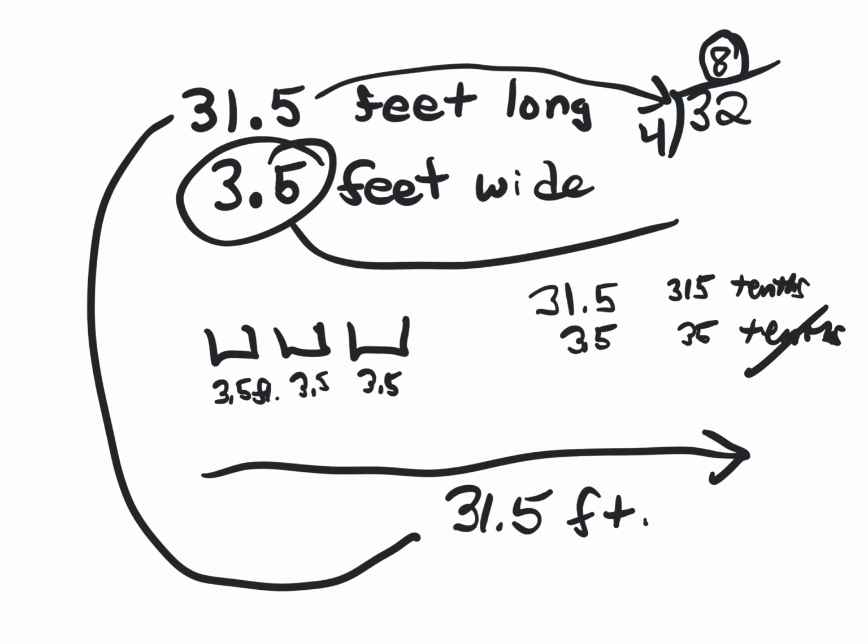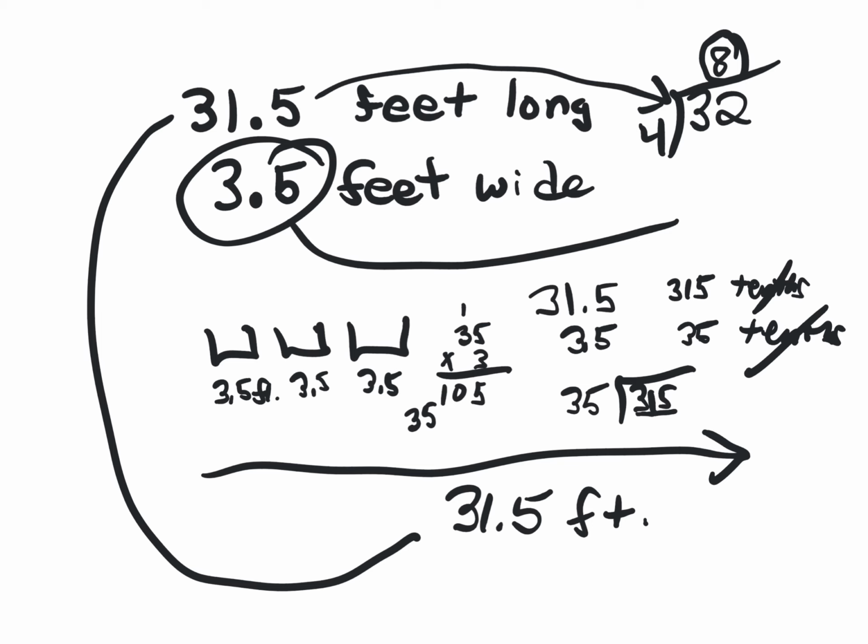So I know our tenths can cancel each other out, and now we have 315 divided by 35. 35 doesn't go into 3. 35 doesn't go into 31, but 35 does go into 315. So let's do guess and check. Let's try 35 times 3, and we get 105. Well, we got a lot further to go than that.